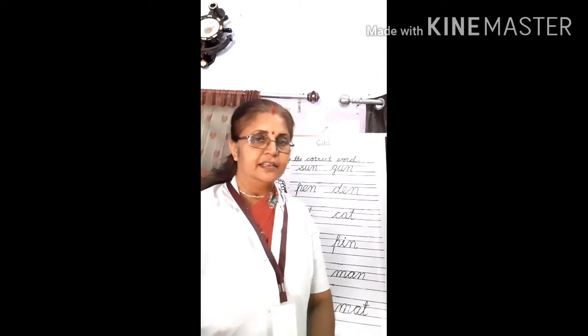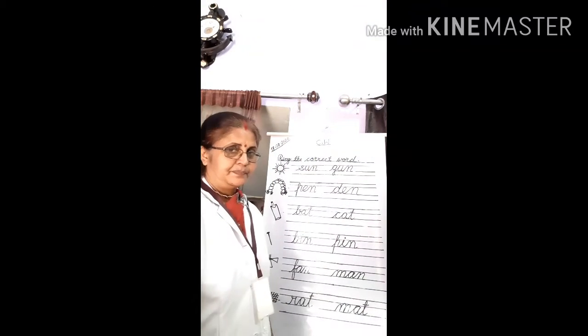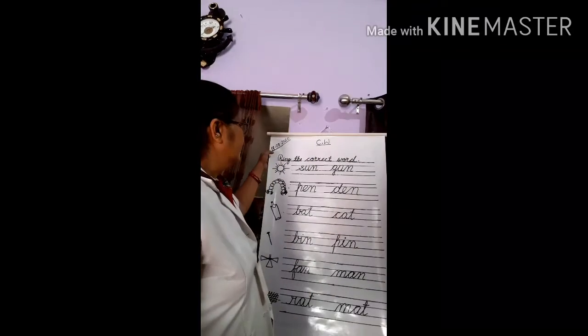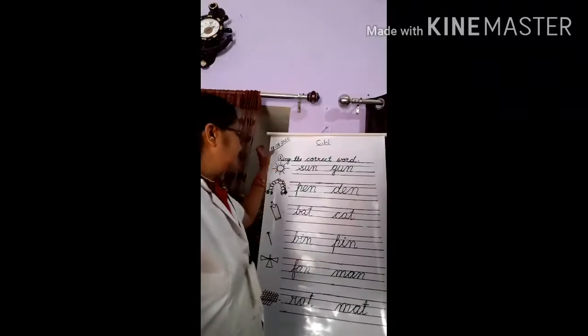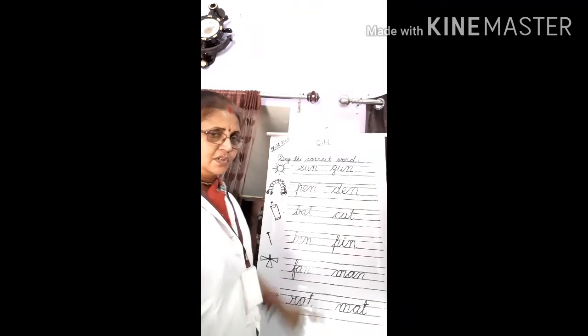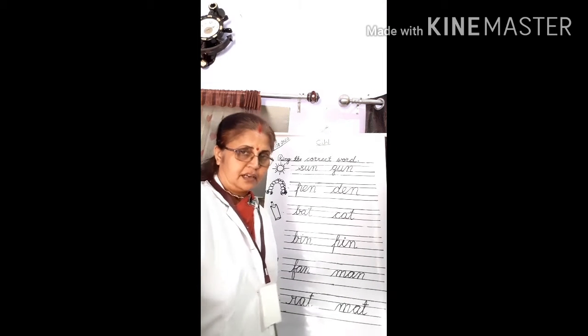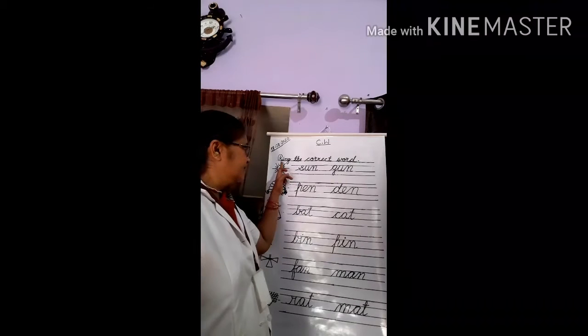Okay. Just like that, I have written the C.W on the board, and then I have written the date. Today's date is 17.08.2020. This is our date. And then I have written the heading.